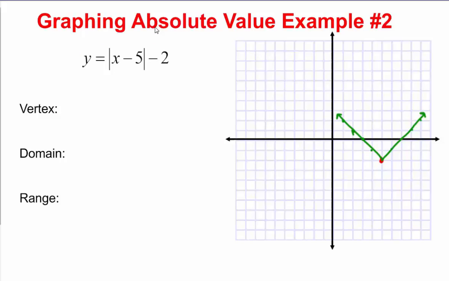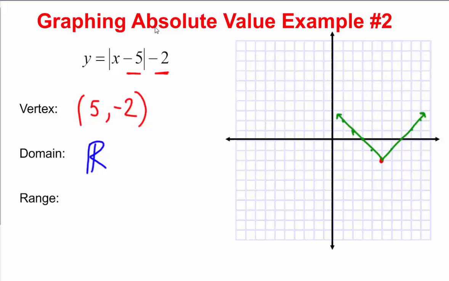So let's write our key features out. We said our vertex is at 5, comma, -2, which I can see from my h value and my k value. Don't forget to switch the sign of the h value. My domain is going to be all real numbers.